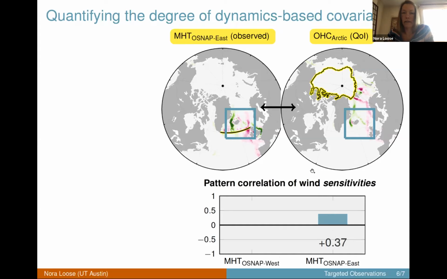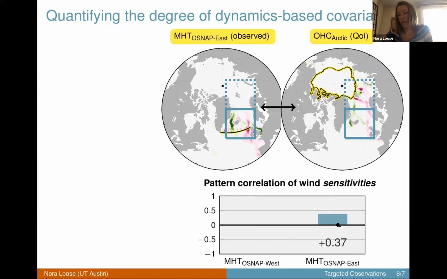We see that the scale of OSNAP East heat transport is mainly due to largely matching sensitivity patterns in the Nordic seas here. We also see that OSNAP East heat transport is not sensitive to wind anomalies in the Barents Sea and in Fram Strait regions, which are in turn important for changing Arctic Ocean heat content.